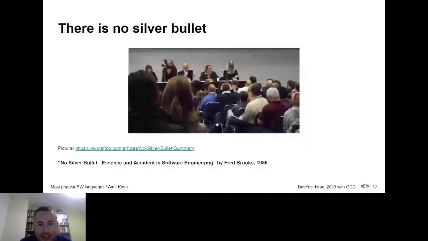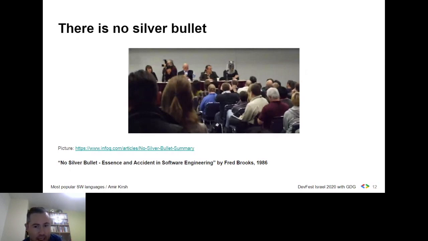And essence is the actual essence of your program, the business logic. And what he claims is the business logic is the more complicated part. So even if you bring some new technology, like a new language, a new paradigm, it will not change things.